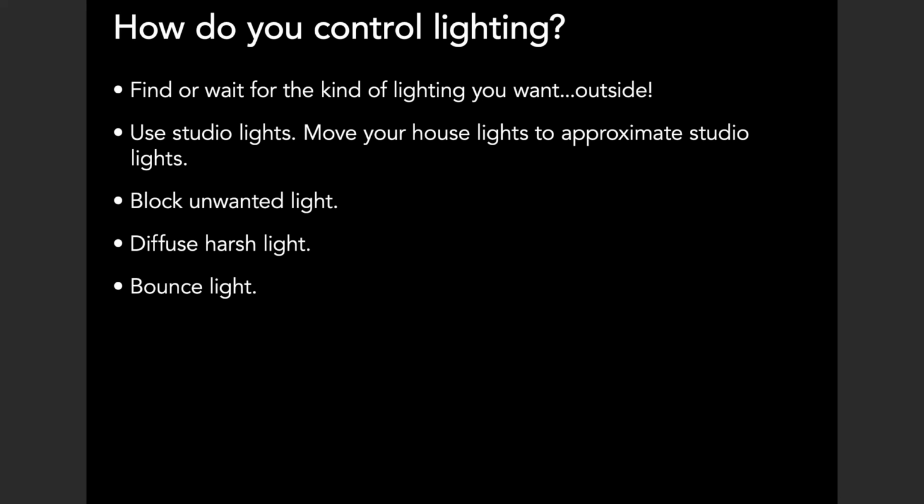So moving lights around, creating different angles of lights, those are all things that can help you control the lighting. One thing you may find is that you've found a great light source, but there's light coming from other directions too. If you have a large piece of paper and maybe someone who's willing to help you, you can use that to block unwanted light.